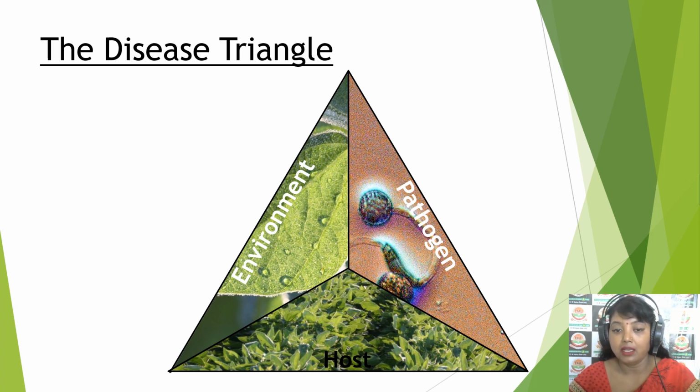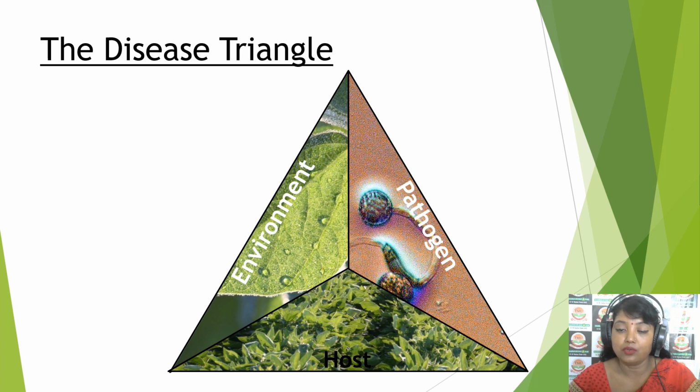Unless the environment, pathogen, and host all three come together, the disease will not occur. A favorable environment, a virulent pathogen, and a suitable host: when these three come together at a particular time, only then will the disease occur. If any one of the three factors is missing, whether environment, pathogen, or host, there won't be disease.